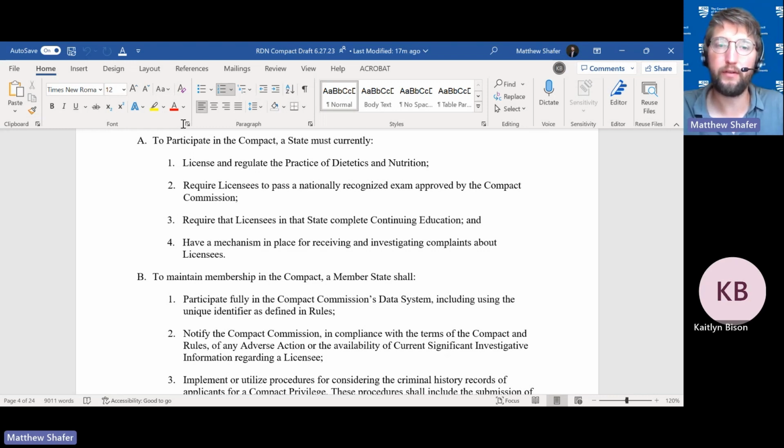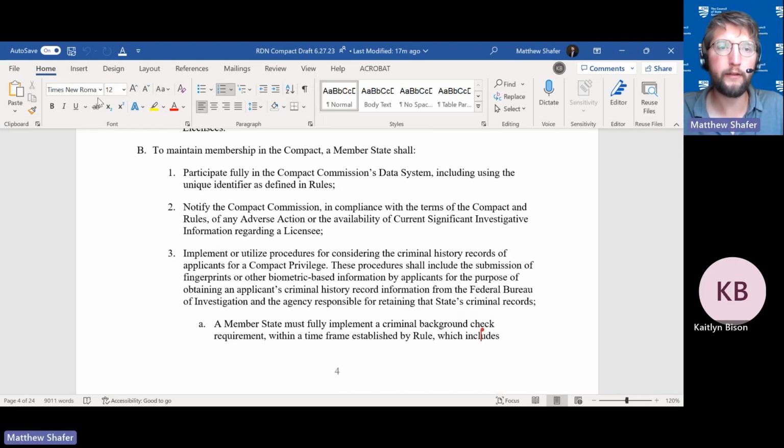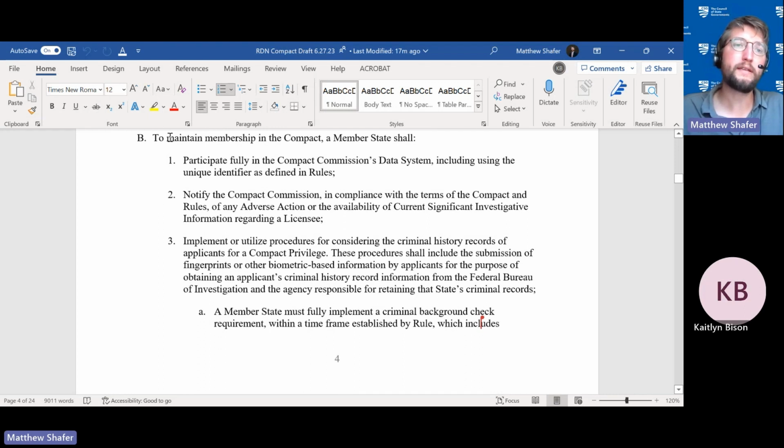license to license, and nothing else. Subsection B here talks about what the state has to do on an ongoing basis in order to maintain their membership in the compact. So they have to participate fully in the compact commission's data system.